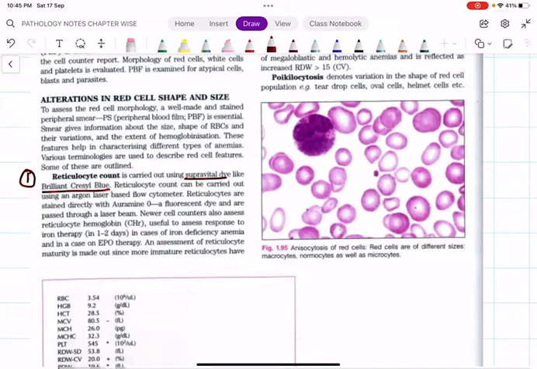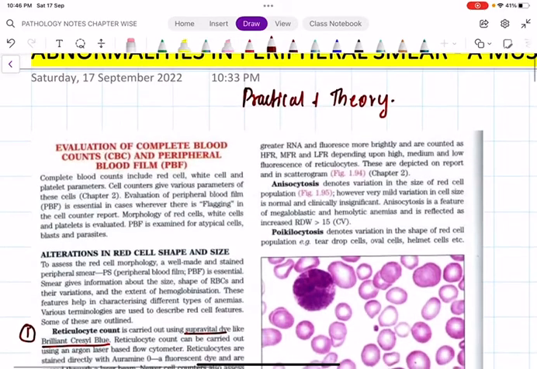One more stain, methylene blue. I told you that for a reticulocyte to become a mature RBC, it will take some 1 to 2 days. And the immature reticulocyte fraction, also called IRF, is an early sensitive indicator of bone marrow activity and response to iron therapy.